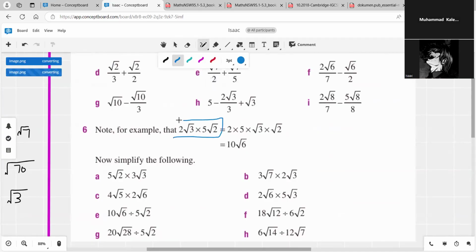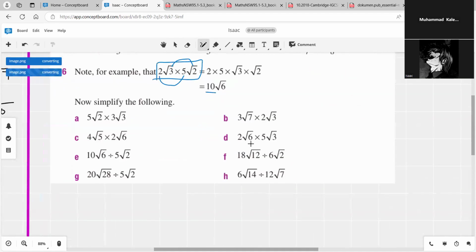If we have this case, the numbers without the root will be multiplied. 2 times 5 will be 10 and the numbers under the root will be multiplied with each other. So 2 will be multiplied with 3, so it will become 6 and it will stay in the root. And the numbers outside the root will be multiplied and they will stay outside the root. Got it? We cannot multiply 10 inside this root.